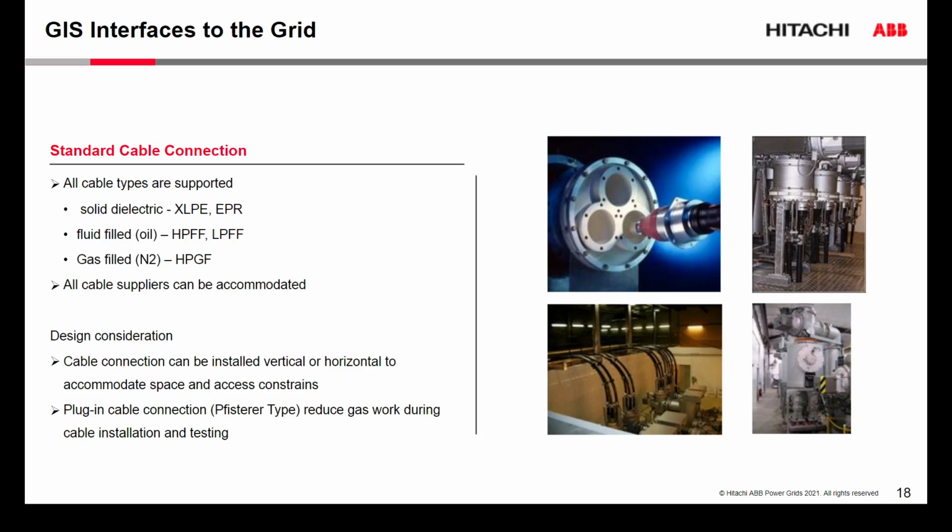Such a plug-in connection reduces the gas work during the installation and testing of the cables and the GIS, and reduces the interface discussions on site, because you can finish your GIS installation before you finish your cable laying on site, which reduces the risk in the project and improves the coordination for the project manager.